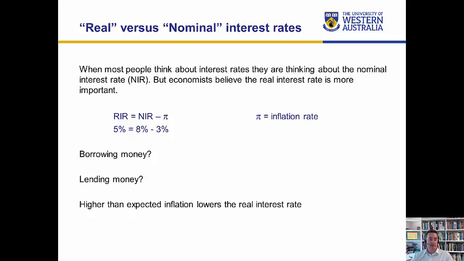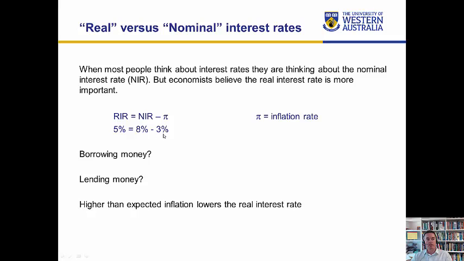At the end of the 12 months, you're going to get $1,080,000 in return. However, over that 12-month period, the inflation rate will have been, by assumption, 3%. So even though you've got an 8% return on your lending, it's almost as if 3% of that is taken away through inflation, through higher prices.